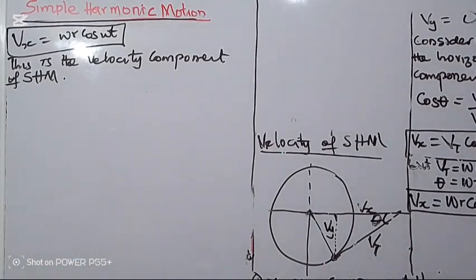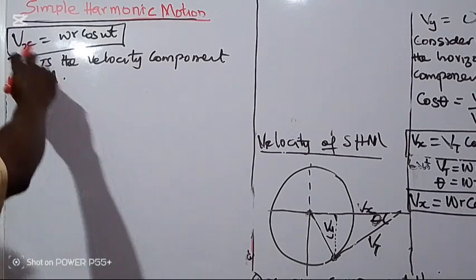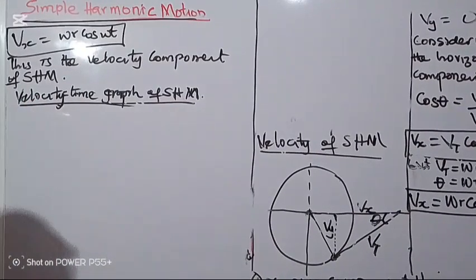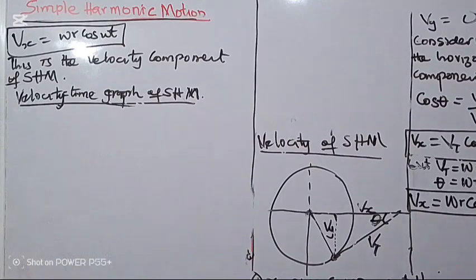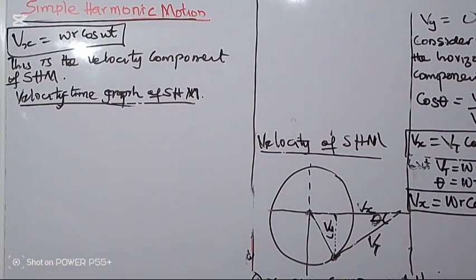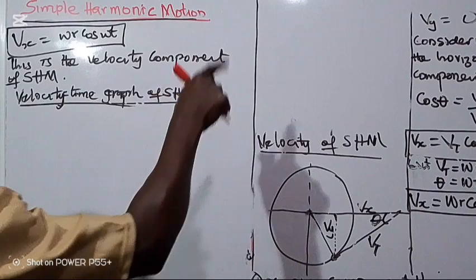In any calculation, when you have to calculate the velocity component, then you use this formula. To show the velocity time graph of simple harmonic motion, from this formula you can now say that unlike that of displacement time graph, which follows a sine curve, this one will follow a cosine curve.